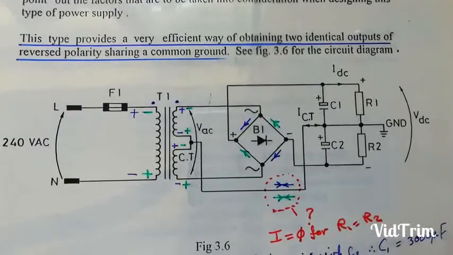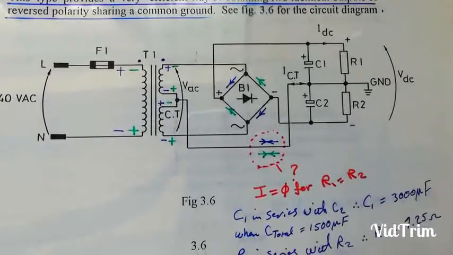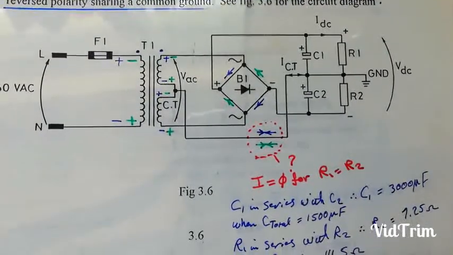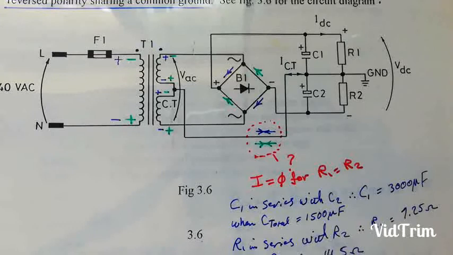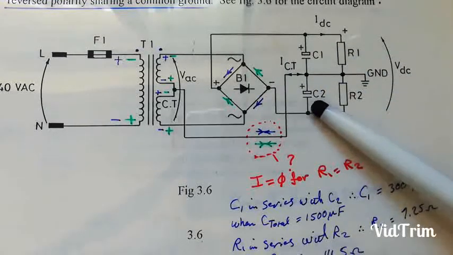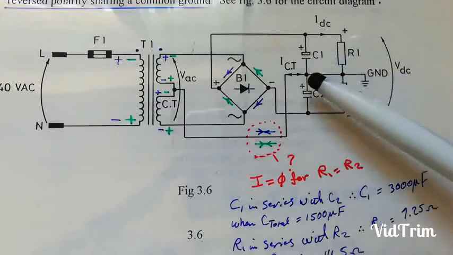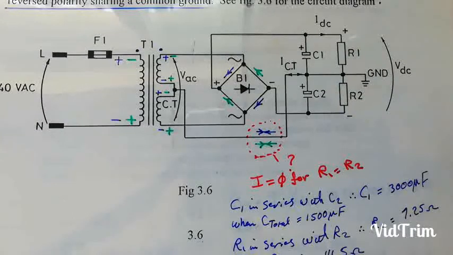Now what happened to all the calculations that we had before? Nothing has changed. It's all the same. What you're going to do is just the following. Now this cap is considered to be in series with this cap. So we had 1500 microfarad before. Now each one you put it as 3000 microfarad. Nothing has changed.